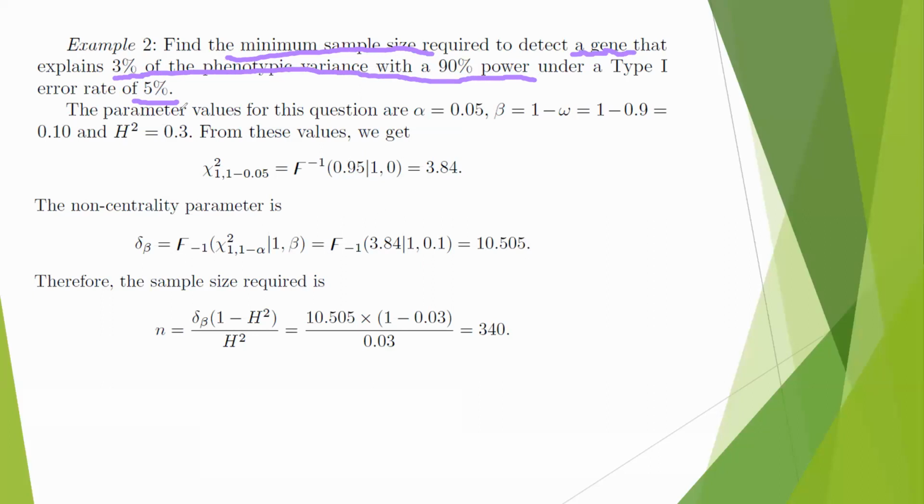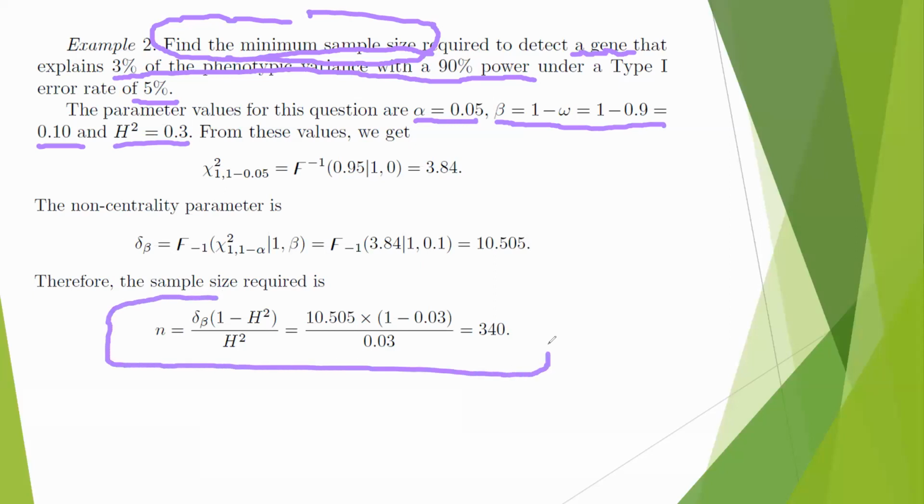So this is the description of this problem, and then we want to calculate the required minimum sample size. We try to arrange the known information. Alpha equals this, beta equals 0.1, and heritability equals this. And we have this formula here, right?